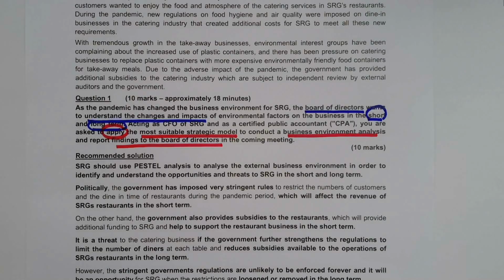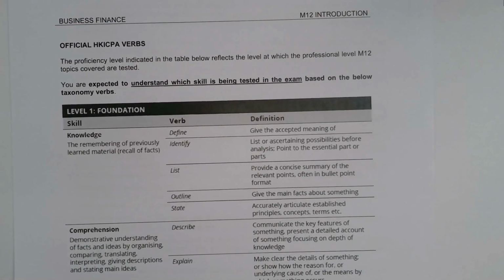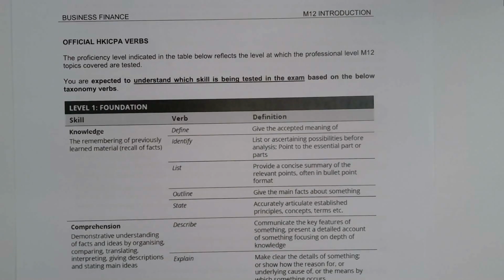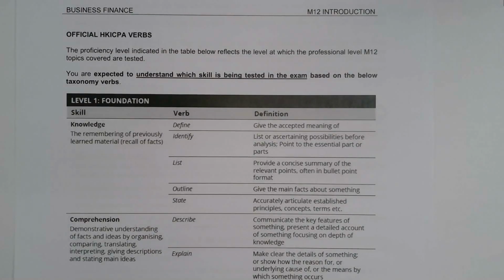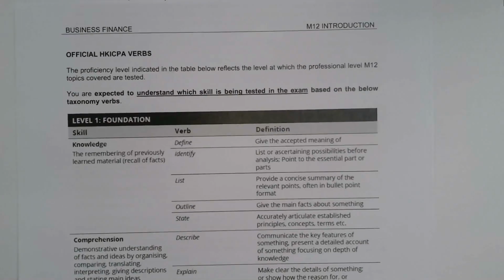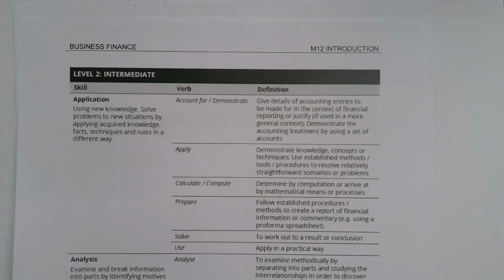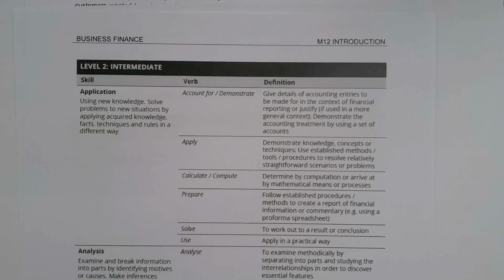Now, first thing, let's first of all go back to our verbs. In the introduction, I said to you guys, just pay attention to some of the verbs here. I'm only going to do this a few times. Let's go back to our little introduction and our verbs, and you'll find that here, this verb apply, it's a level 2 requirement. So this is intermediate. Here it is.